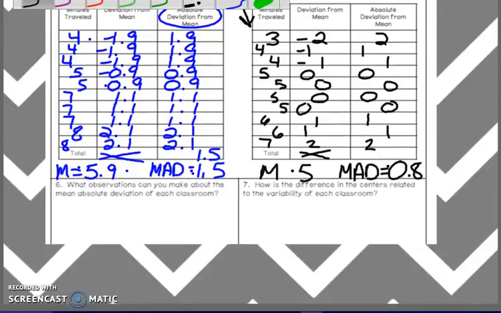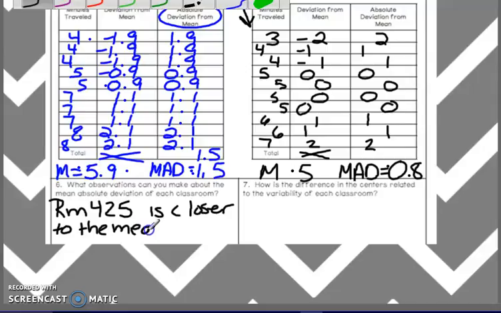It says, what observations can you make about the mean absolute deviation of each classroom? So room 434 was 1.5. Room 425 was 0.8. Room 425 is closer to 0. So that means room 425 is closer to the mean and has less variability than room 434.